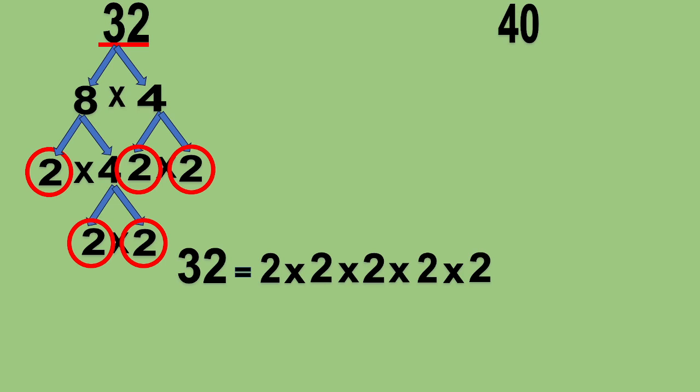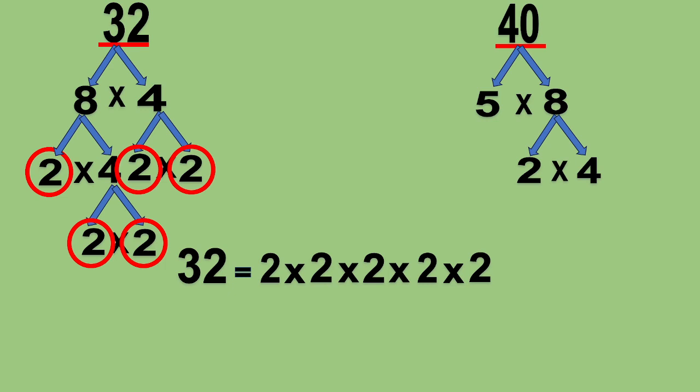Next, we make factor tree for the number 40. 40 can be factored into 5 times 8. 5 is prime and 8 is composite. 8 can be factored into 2 times 4. 2 is prime and 4 is composite. So 4 can be factored into 2 times 2. Now, let's list the prime factors of 40.